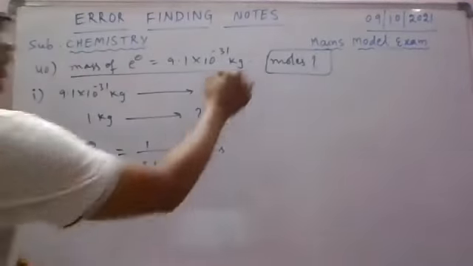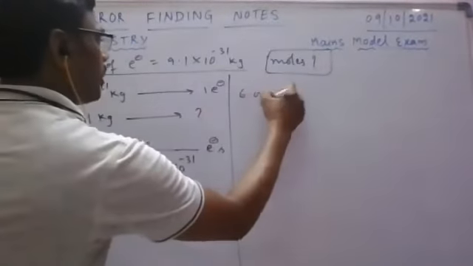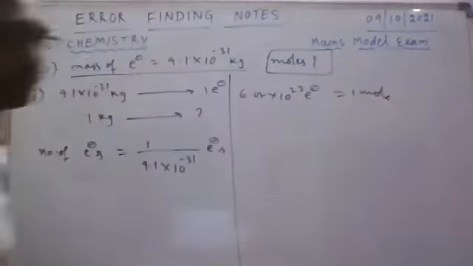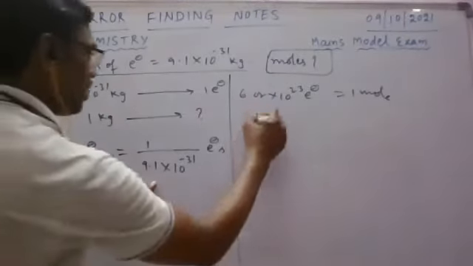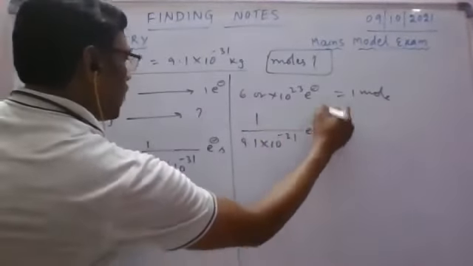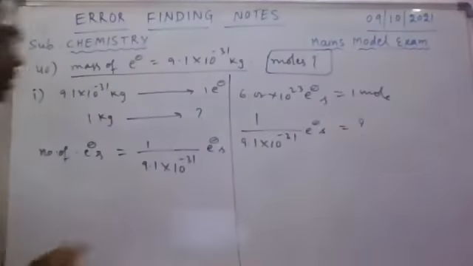Moles means 6.02 into 10 to the power 23 electrons is equal to 1 mole. But we have these many electrons now: 1 by 9.1 into 10 to the minus 31 electrons means how many moles?